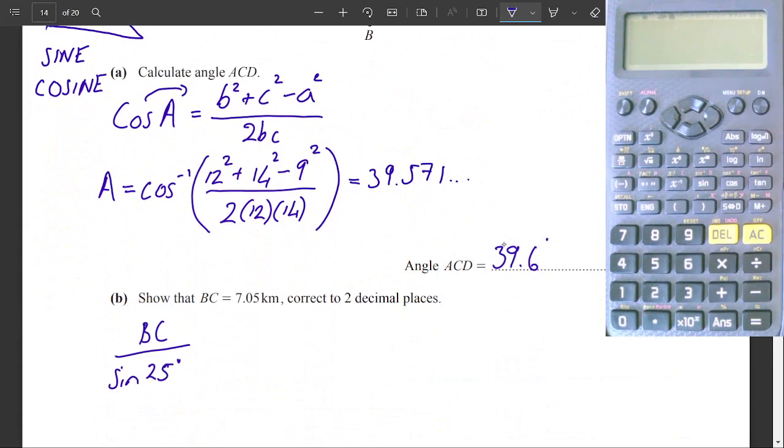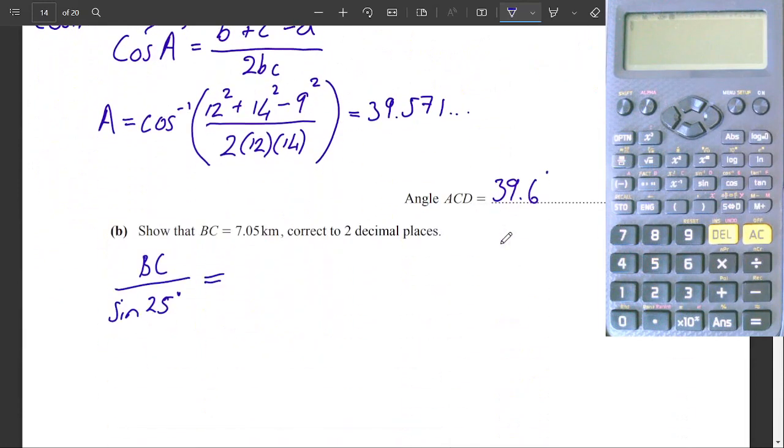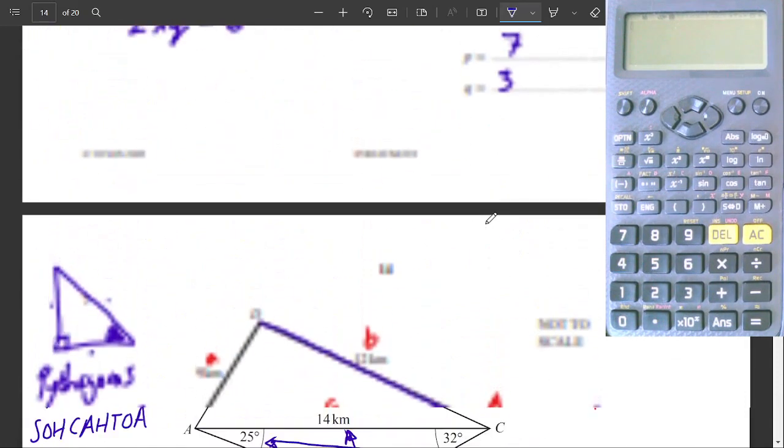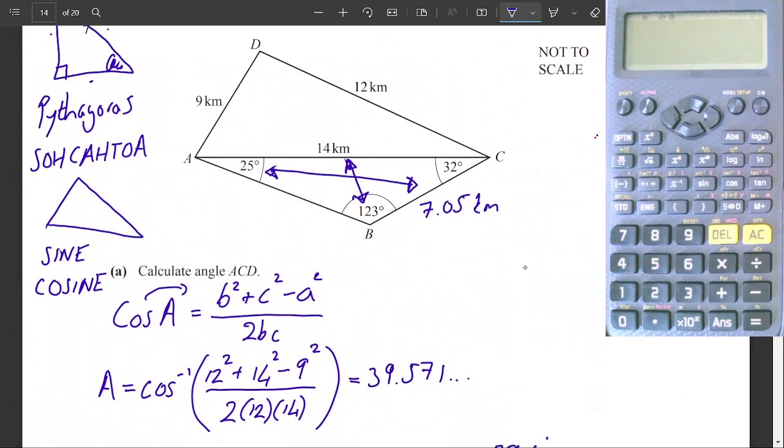Putting that unknown at the top as a numerator just makes calculation later on easier. You can put it at the bottom, you can put the sine at the top, but this makes it easier. Right, then we take a side we have, which in this case is 14, over sine of the angle opposite 14, which in this case is 123.